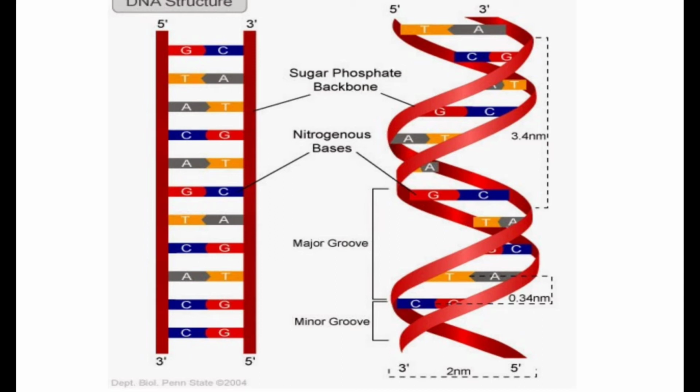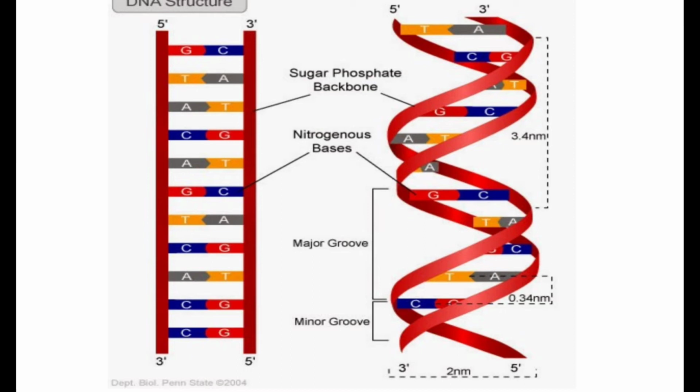The nitrogen bases make the rungs of the ladder. Okay, these are the points you have to write, underline and write along with the labeled diagram. Write the twisted double helix diagram and label at least the nanometers, major groove size, minor groove size, and internal diameter.